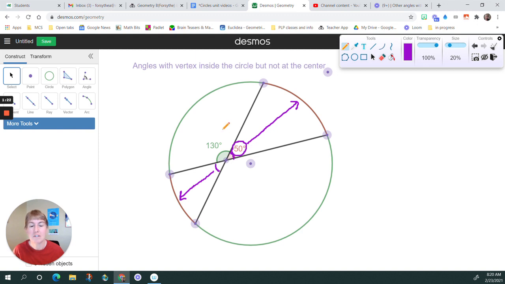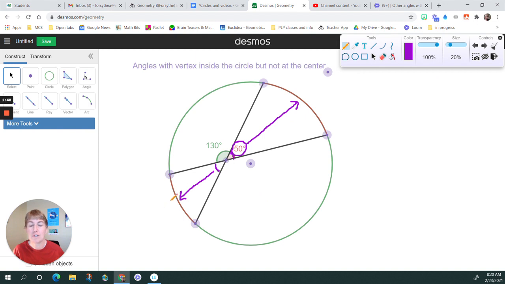And then we would do the same thing with this other angle. We look at the arc that it points to and the arc that the angle across from it, its vertical angle, points to, and we would average those two green ones, and that's how we would get the 130. Since we're averaging things, let me take some of those arrows off. It's getting a little confusing.